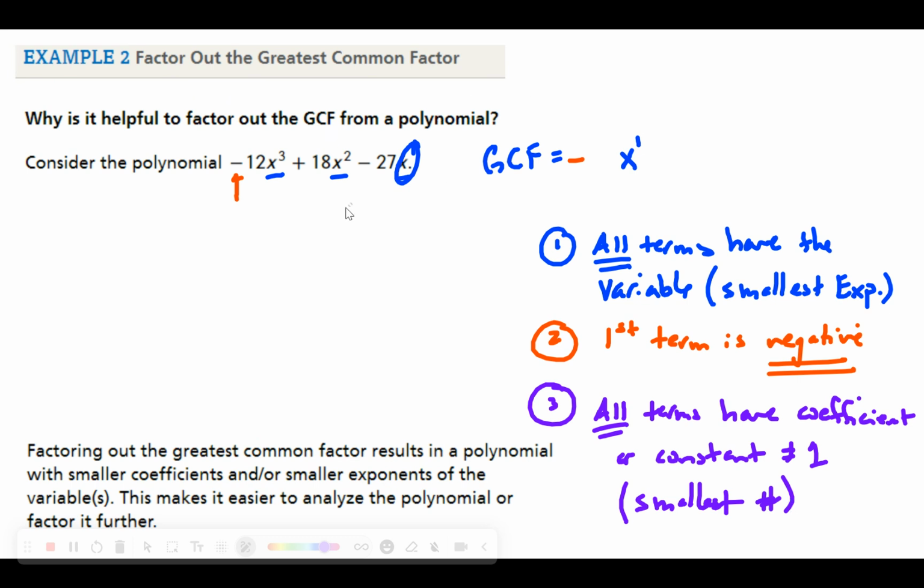So now in this case, we have 12, 18, and 27. 12 is our smallest number. Now I don't care if it's negative 12, it's just 12.